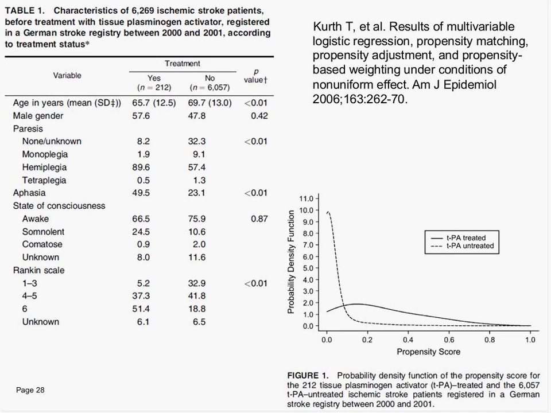The sum of these characteristics, and more, this is just a part of Table 1, led to a propensity score with a very high level of discrimination. The C statistic here was around 0.92, and you can see from the graph that there's a fairly substantial difference in the distribution of the propensity scores. The clinical characteristics of the patients really do determine who gets TPA and who doesn't.